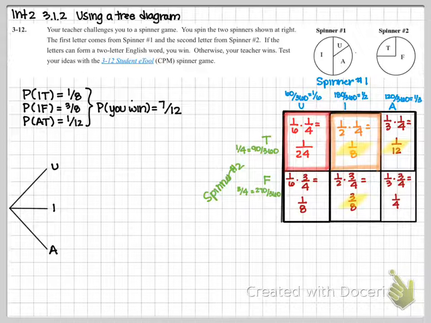Then to organize this, because we still want the probability of each of these things on the spinner to be inside of our diagram, we put that probability down the branch of the tree. So the probability of U was 1/6, so on that branch I would put a 1/6. Then on the I, it was a half.